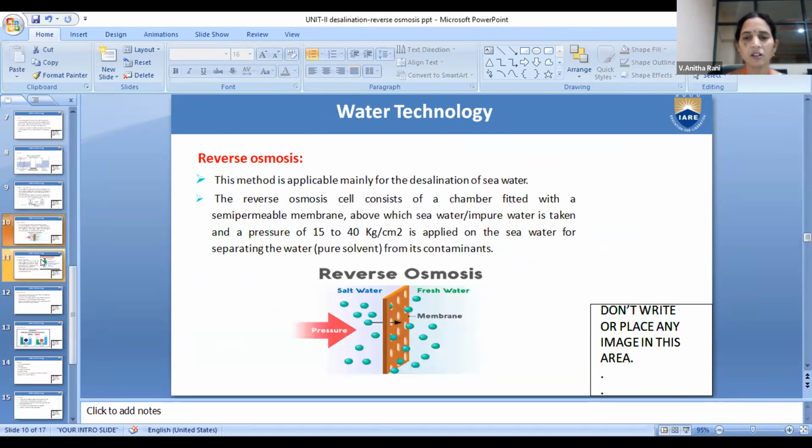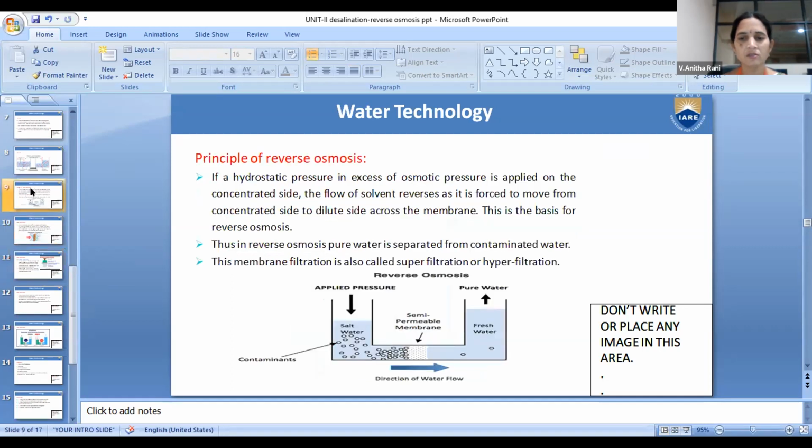Now tell me what is reverse osmosis? Students, what is reverse osmosis? The flow of solvent from higher concentrated solution to lower concentrated solution through a semi-permeable membrane that does not allow solute particles.